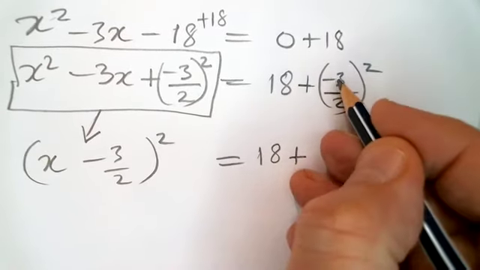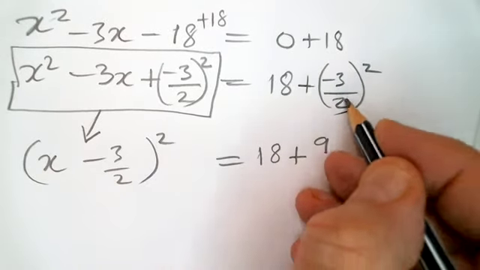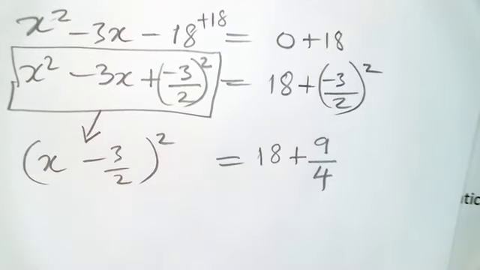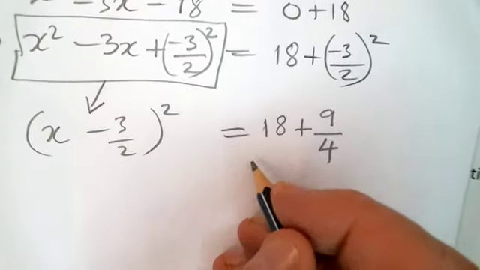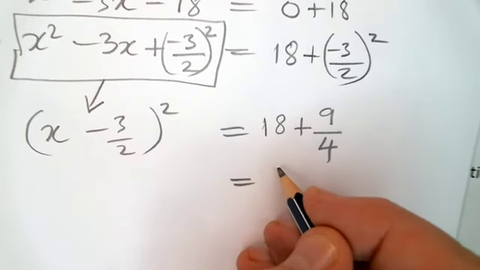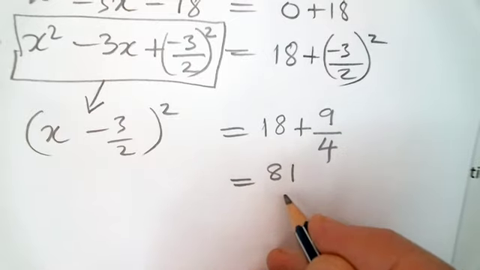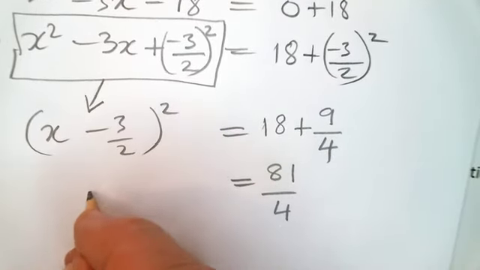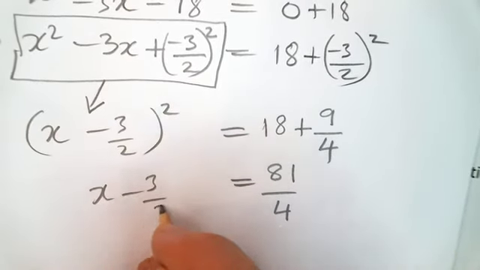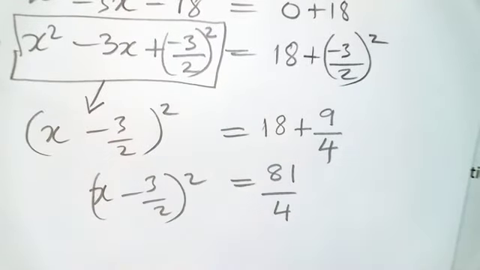I'm going to add, well, 3 squared is 9, 2 squared is 4. So I've got 18 and 9 over 4. Well, from the last one we saw, 18 and 9 over 4 is actually equal to 81 over 4. So I've got x minus 3 over 2, all squared, is equal to 81 over 4.